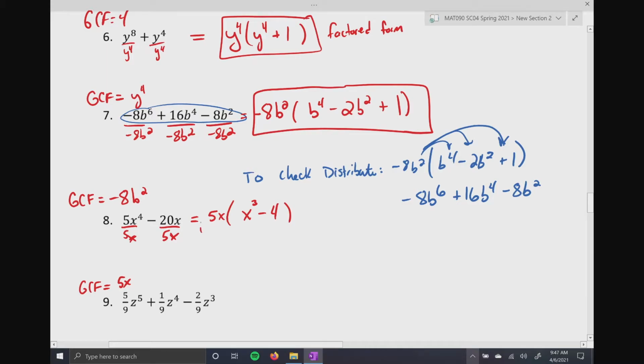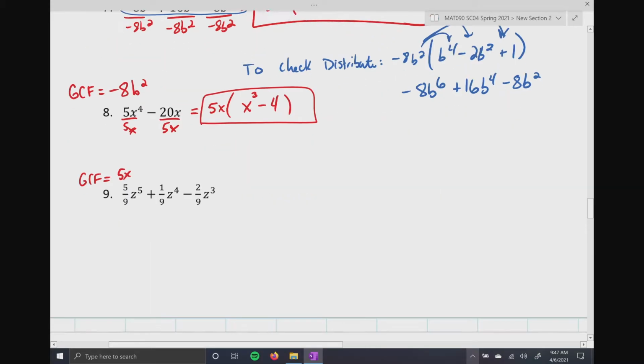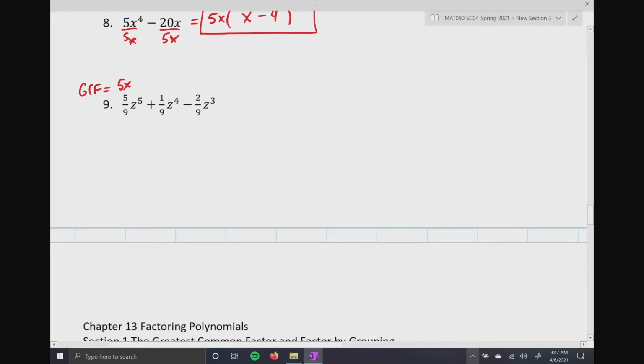All right. Couple more. This next one looks difficult because we have those fractions. But what if I did this? Ready? What if I just got rid of those denominators? You would have a 5, a 1, and a 2, correct? Do you see anything common there? 5, 1, and 2.